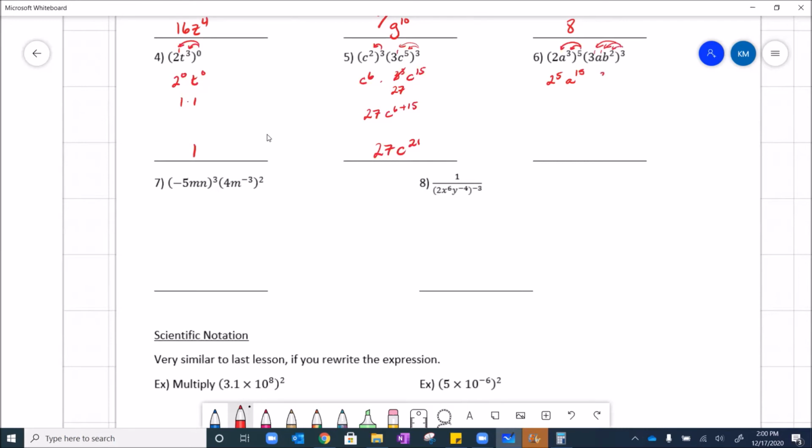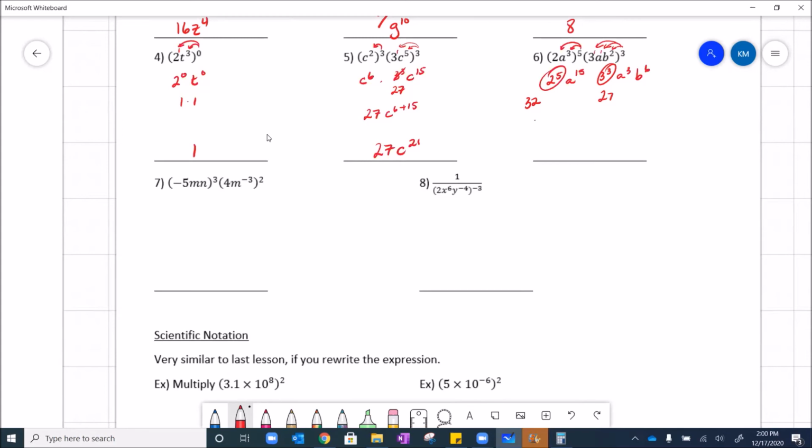So I have 3 to the 3rd power, a to the 3rd power, b to the 6th power. And now I need to reorganize this, and before I do, I want to make sure I have some actual numbers. So 2 to the 5th power gives me 32. 3 to the 3rd power gives me 27.